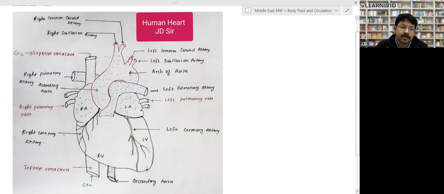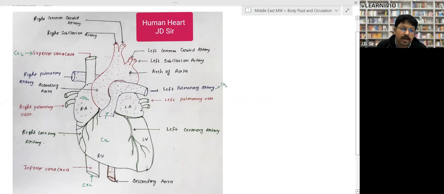Both pour the deoxygenated blood into right atrium. From right atrium, blood comes to right ventricle. From here, it is transferred to right pulmonary artery and left pulmonary artery. Both take the blood to the lungs.